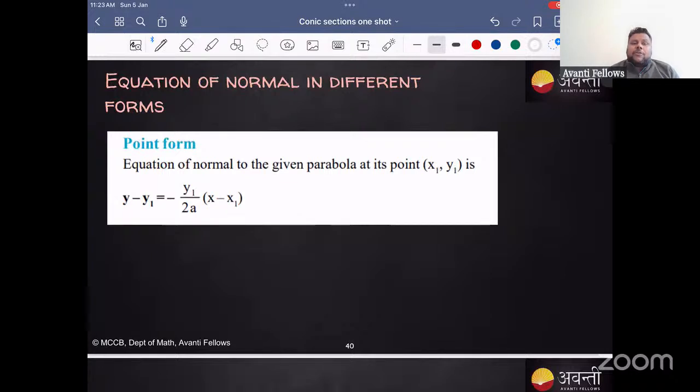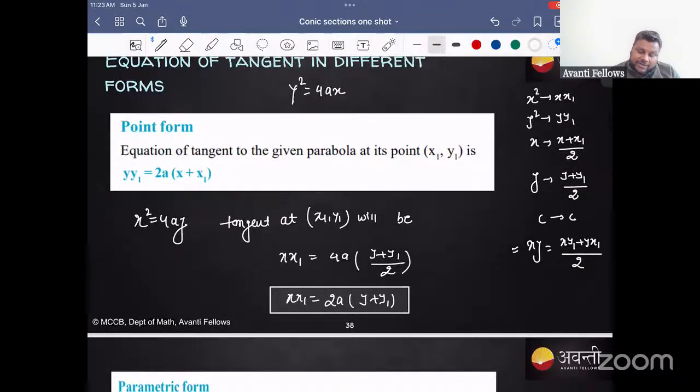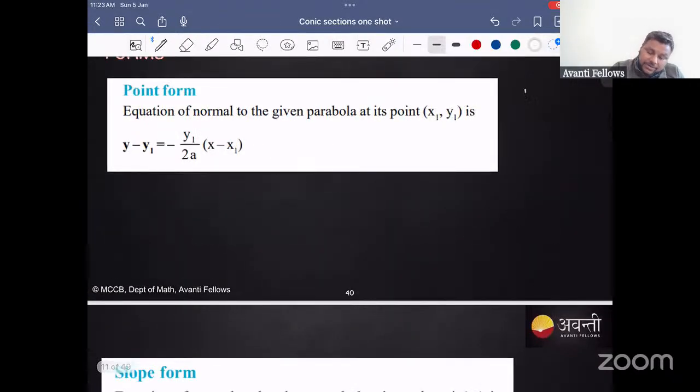Now, equation of normal. The simple form of the normal is the line perpendicular to the tangent at the point of contact. Got it? The slope of tangent in the point form was 2a upon y1. So the slope of normal will be minus y1 upon 2a.